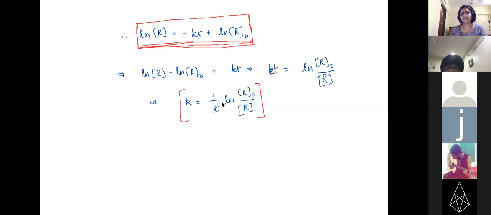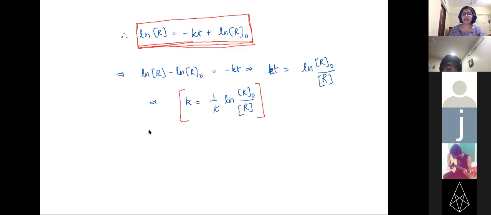This is when you've taken the initial concentration into account, which is one way of looking at it. Another way of looking at it is, let's say you are able to get the concentrations of the reactant at particular time intervals.